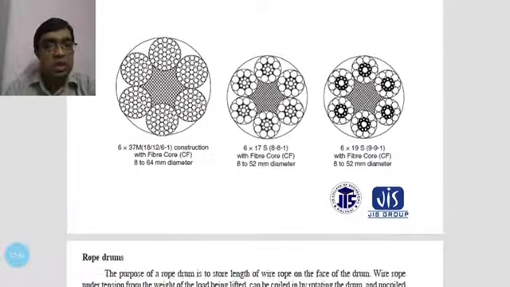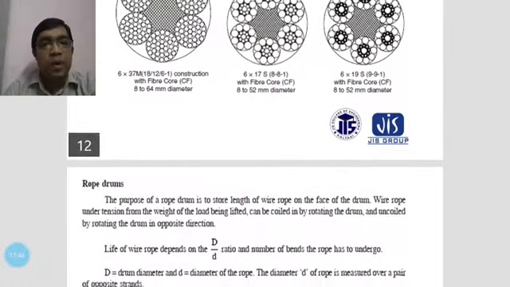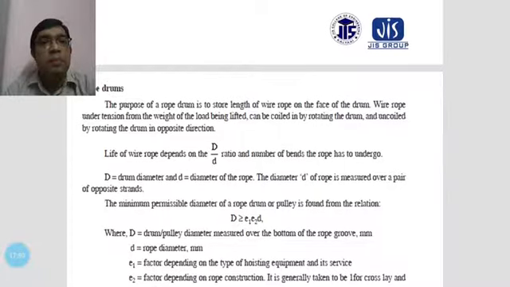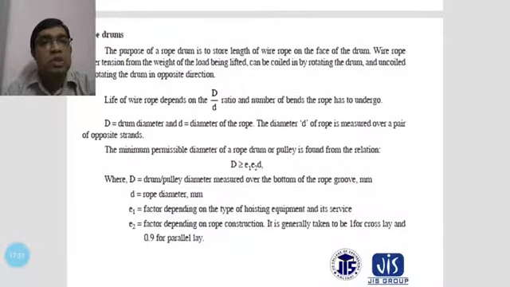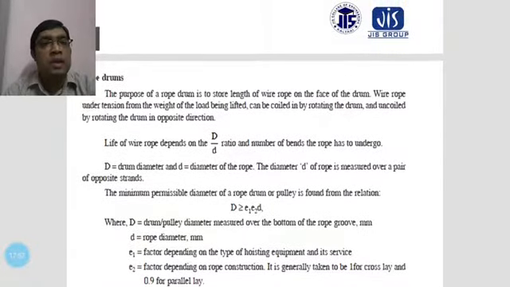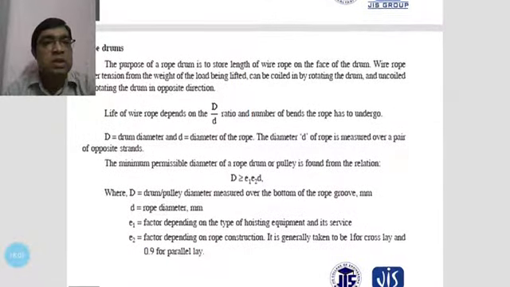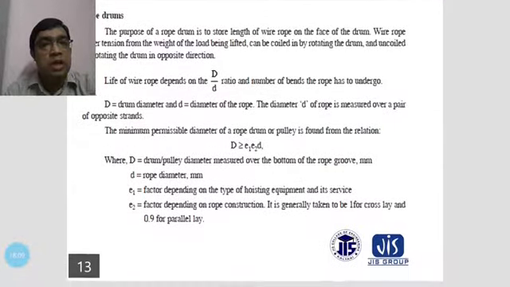Another thing is rope drums. The purpose of a rope drum is to store the length of a wire rope on the face of the drum, with the rope under tension from the weight of the load being lifted. It is coiled in by rotation of the drum and uncoiled by rotation in the opposite direction.